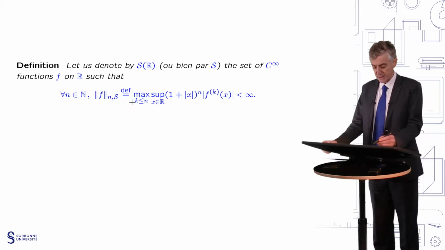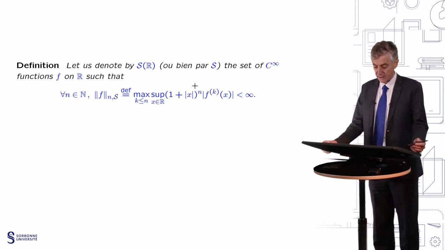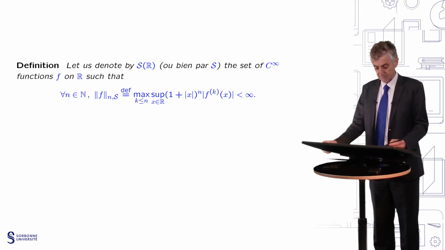The norm N_n means that all the derivatives of order less than n decay faster than x to the power minus n at infinity.